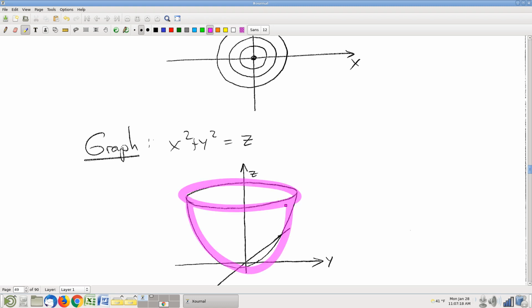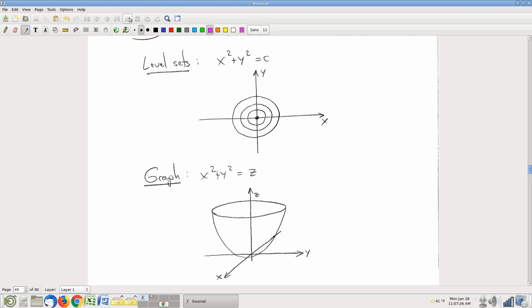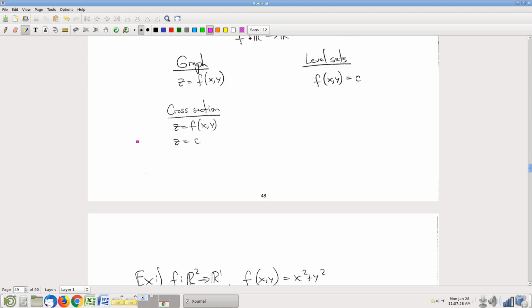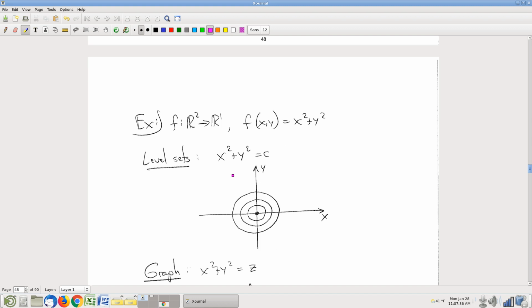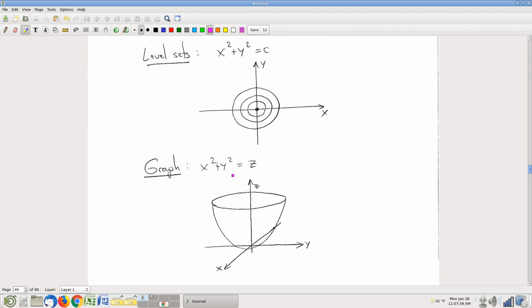It's a paraboloid, a bowl like this. Okay, so now we can see the connection between the graphs and the level sets. The assertion was that cross sections of graphs give you level sets, and you can see it right here. If you take cross sections, let me do this with a pencil.